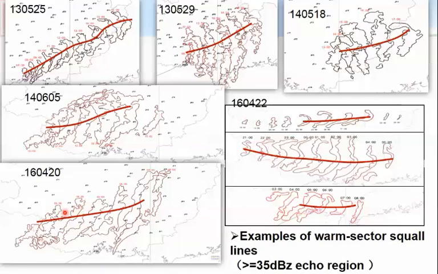And in the development process of the squall line, they mainly moved towards the east direction. During all 6 processes, there were bow echoes forming, which resulted in thunderstorm gales in Guangxi.